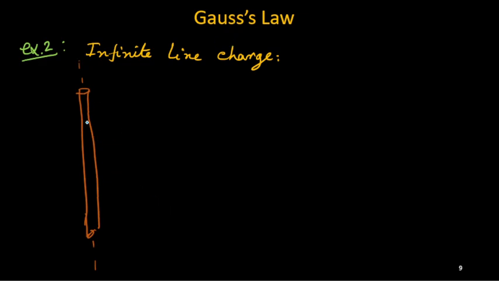If I consider coordinates, this is x, this is y, and this is vertical z. Okay, so from this axis at distance r, at this point, if we wish to find the electric field, then what will we do?